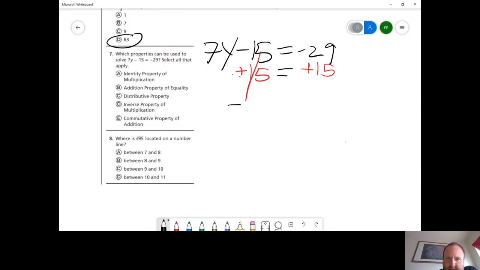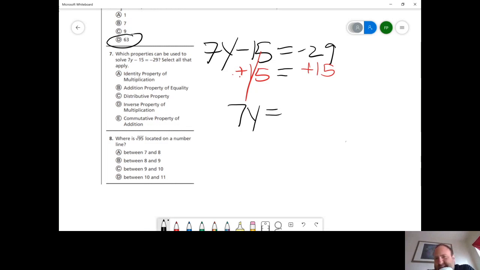So we have 7y equal to negative 29 plus 15. Well, if we're adding 10 to negative 29, that's going to go from negative 29 to negative 19, because it's not as negative. It's 10 less negative, so to speak.